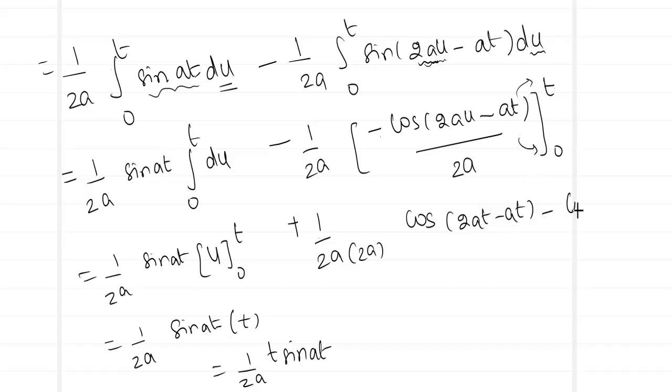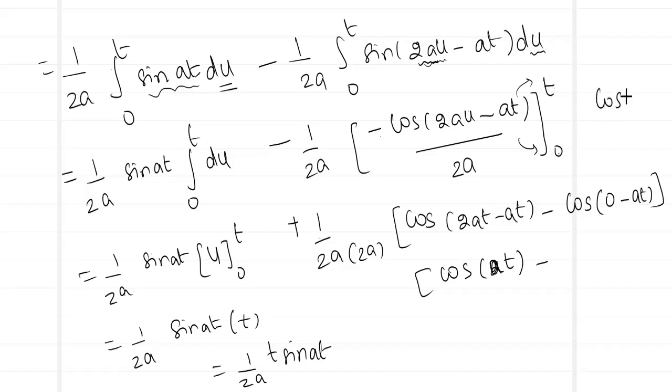Minus cos of, this u will now take the value 0. So the first term will become 0 minus at. So this is what we have. Now this gives us cos of 2at minus at makes it cos at, minus, this is cos of minus at.